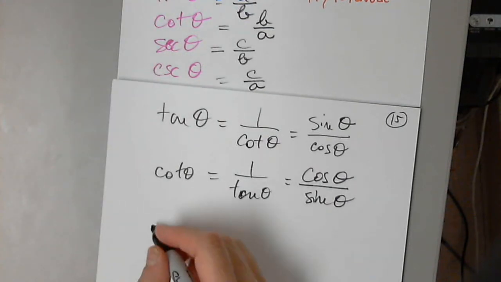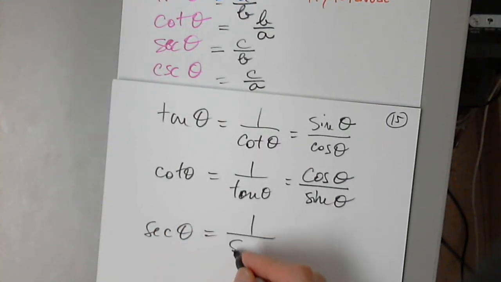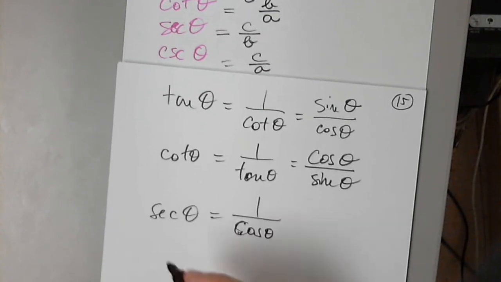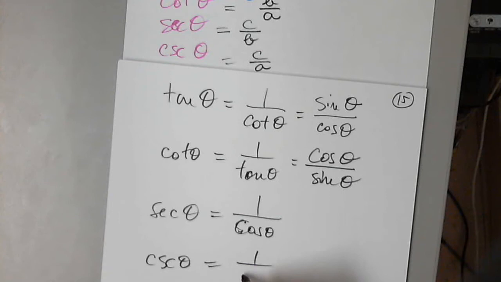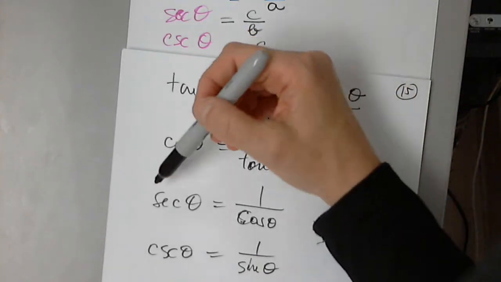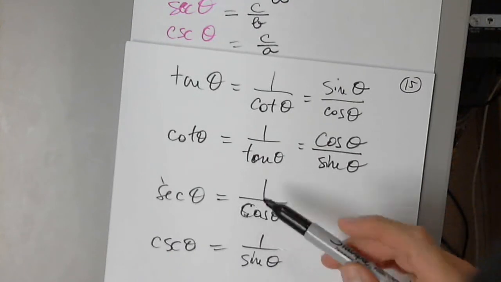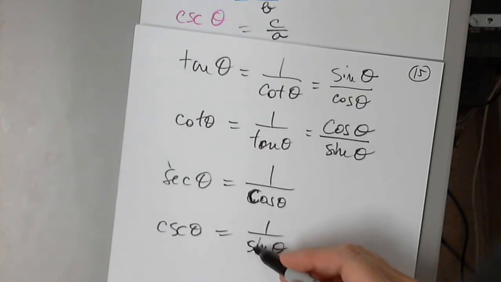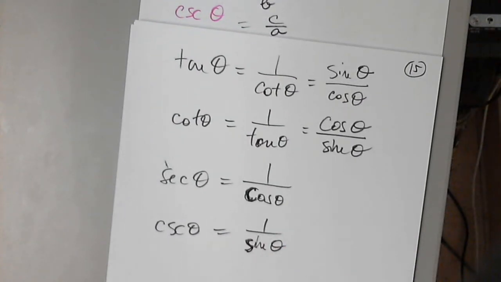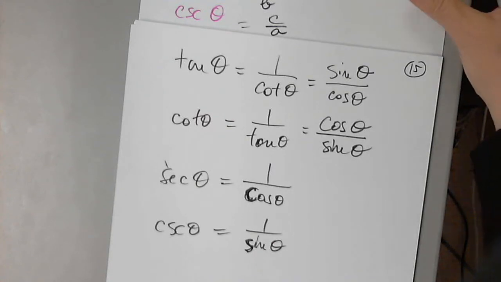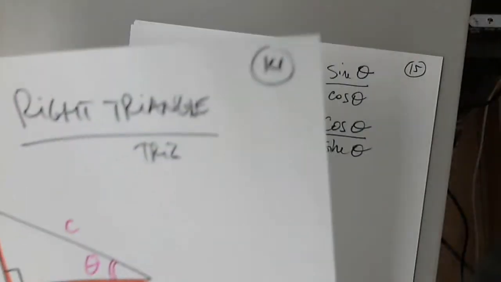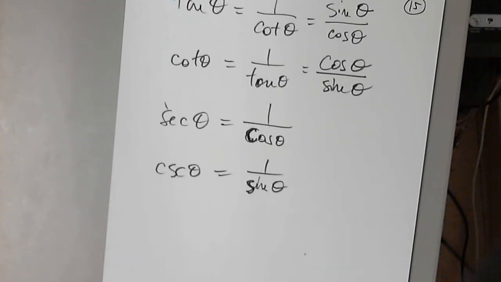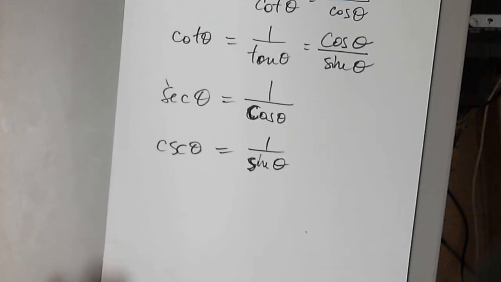Secant is 1 over cosine theta, and cosecant is 1 over sine. So if the function starts with S, in the denominator it has C. If it starts with C, in the denominator it has S. If you like to remember it like that. There are many other relationships between these functions, but we're not ready for that yet. When we get to the next step in the unit circle, we're going to look at the other ones.